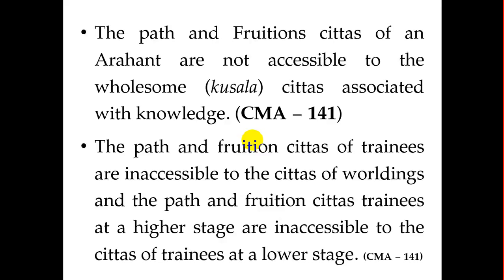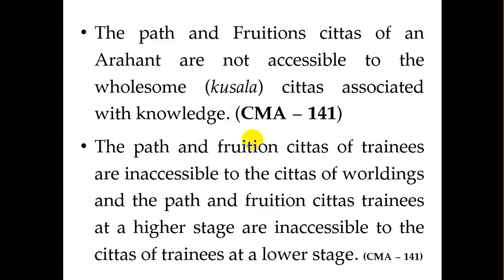We are not able to take the objects of Sotapatti Magga Phala, and also Sakadagami Magga Phala and Arahata Magga Phala, because we haven't attained them yet. We don't have any access. Those are higher chetas, or supramundane chetas, and the reason is we haven't attained them yet.